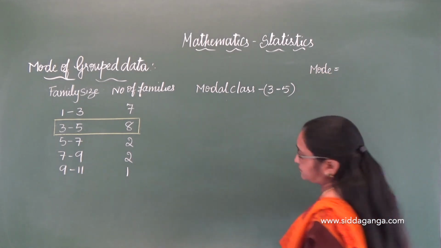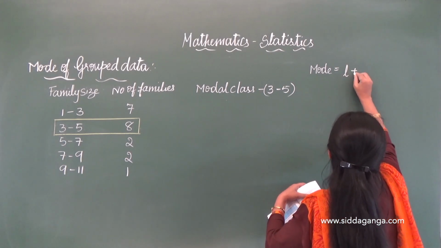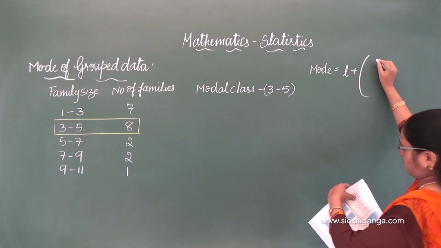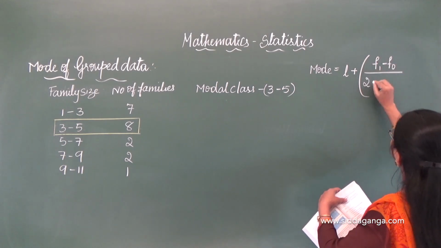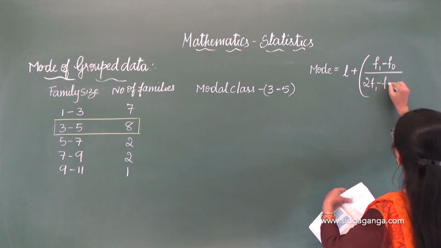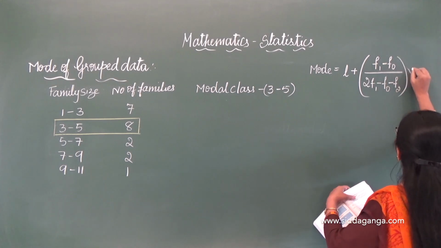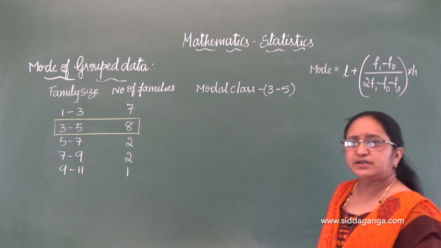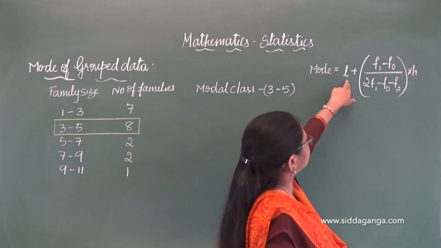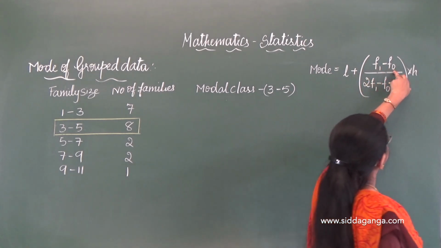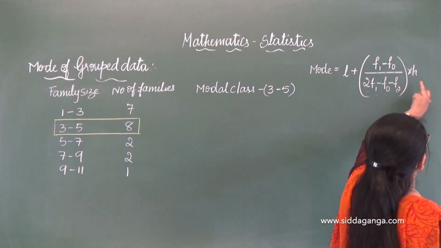Mode is equal to L plus (F1 minus F0) divided by (2 F1 minus F0 minus F2), into H. So this is the formula to find the mode. Let me repeat: mode is equal to L plus (F1 minus F0) divided by (2 F1 minus F0 minus F2), into H.